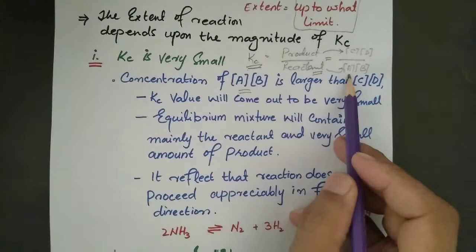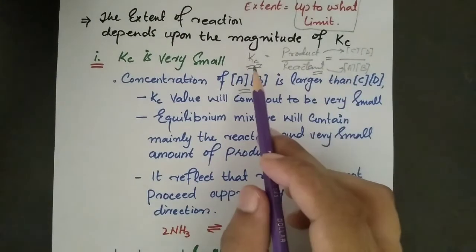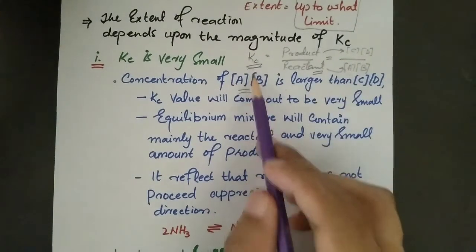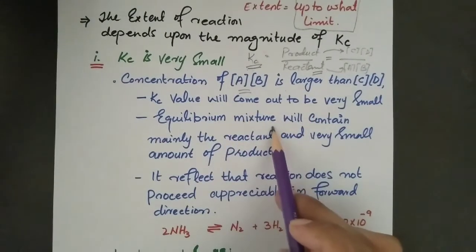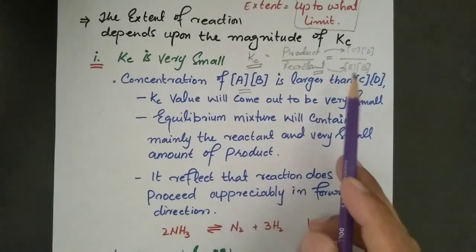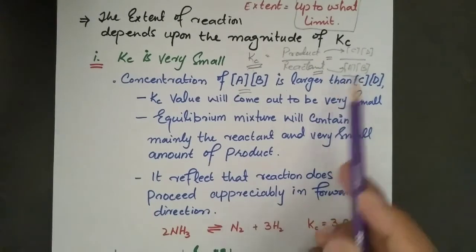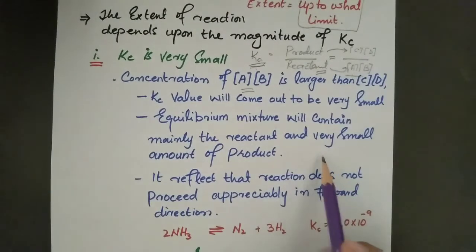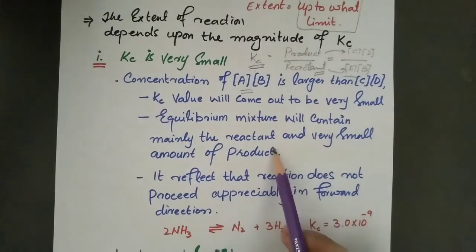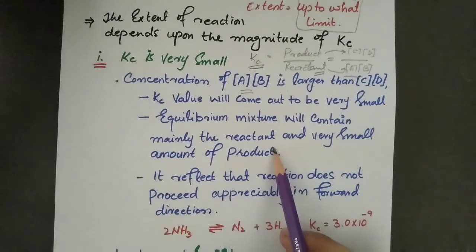So if A and B is very large, the value of Kc becomes very small, and the equilibrium mixture will contain mainly reactant and a very small amount of the product.